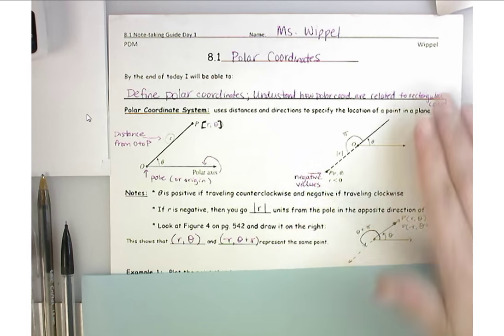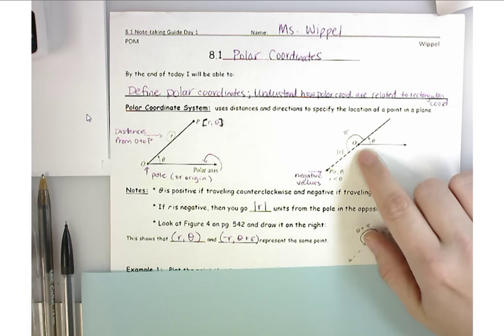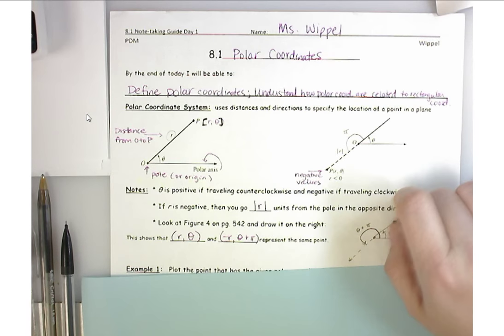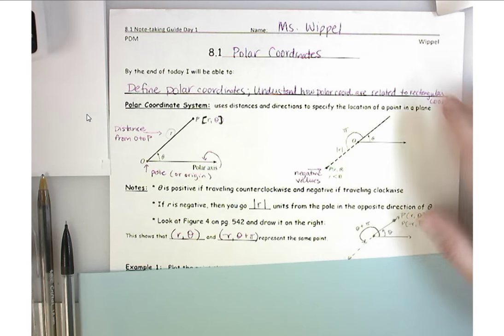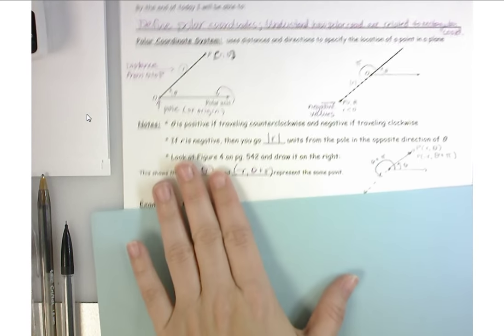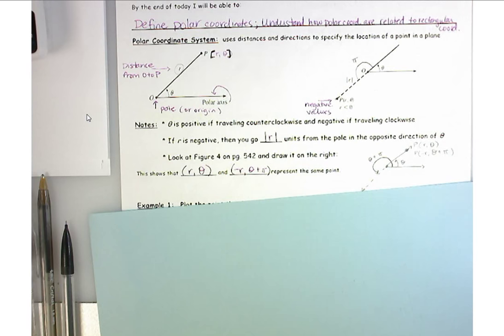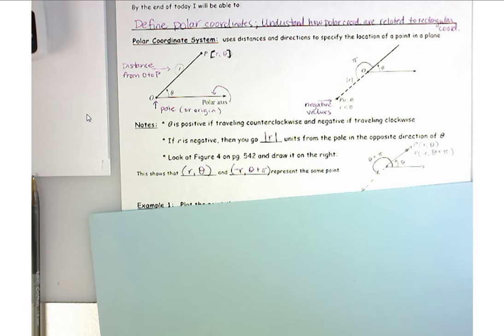And then if we have negative values, what happens is they end up being pi units away from the theta value. So anytime they're negative, you can think of it as a reflection. So let's take a few more notes on that, and then I'm going to show you a quick example.